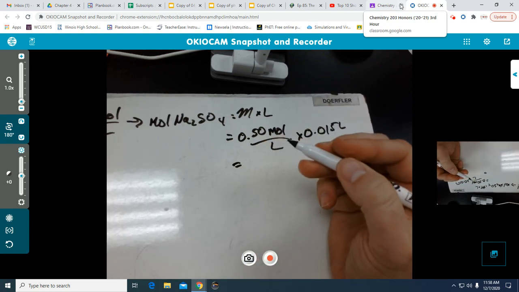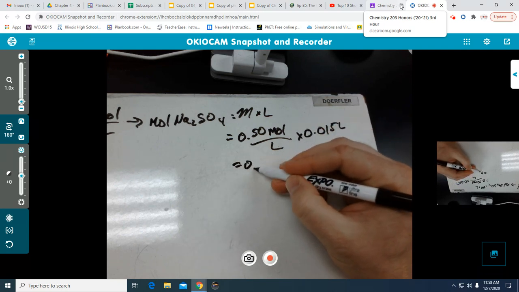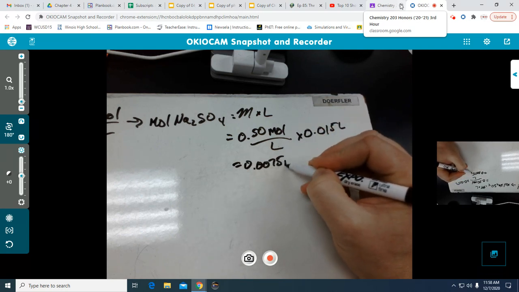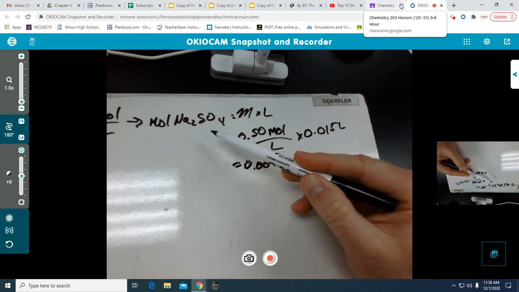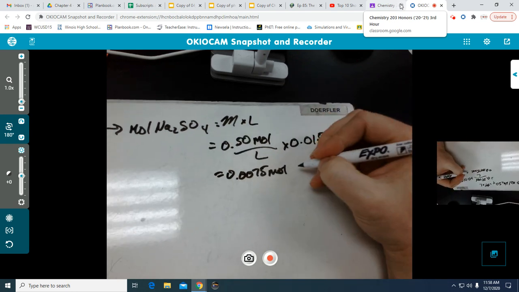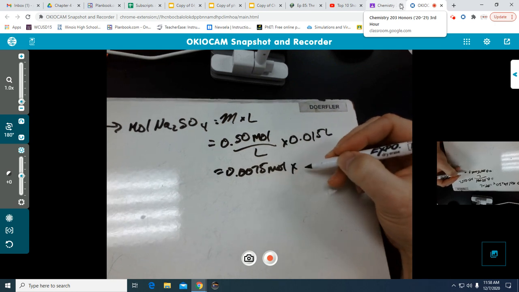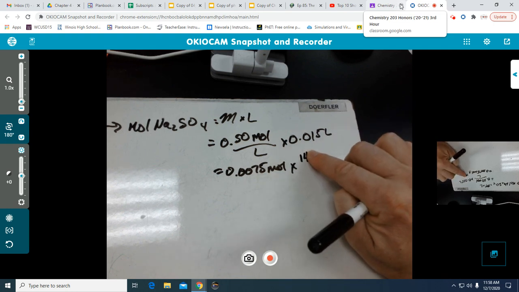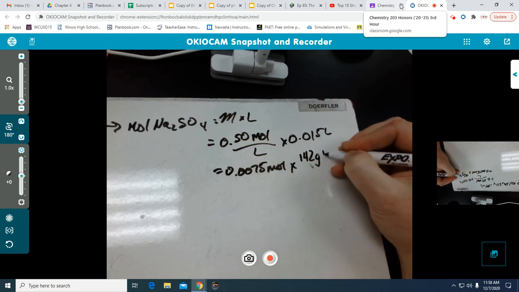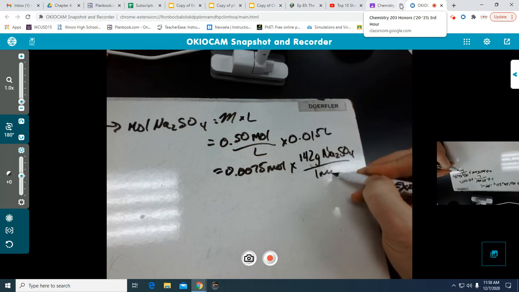So we go ahead and solve for how many moles we have present, and we get 0.0075 moles of sodium sulfate. But we need to determine how many grams we have. So again, we're going to use the molar mass of 142 grams of sodium sulfate per mole.